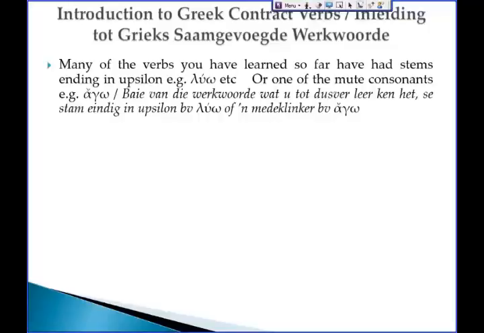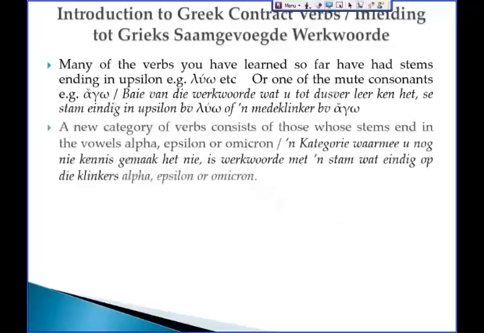It's silent. Okay, so that's what we mean. Many of the verbs we have treated so far are those verbs. But now we're going into something unique and different from what we have been doing.